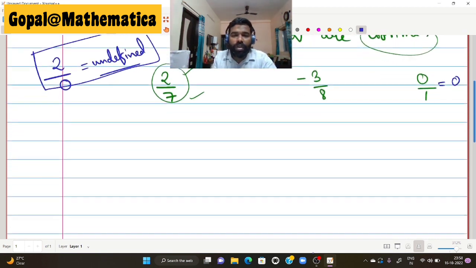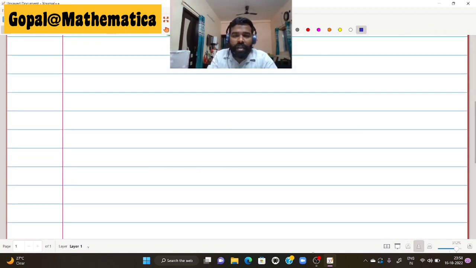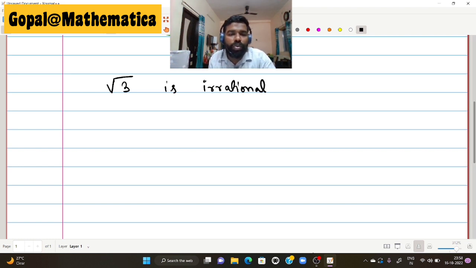Next, let us go to the question of the day. I want to prove that root 3 is irrational. So this is the question for us. We need to prove that root 3 is irrational. So how can we do this? We are going to use a contrapositive proof for this.